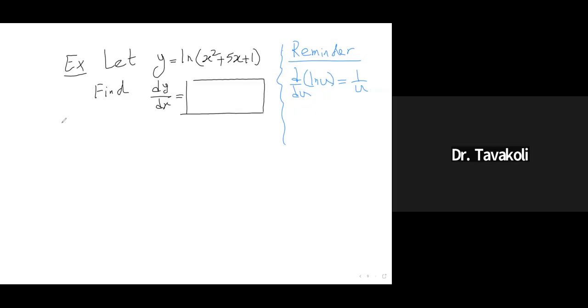Now the function is ln of another function of x, x squared plus 5x plus 1. As you can guess, we let u be x squared plus 5x plus 1. So on one hand, u is x squared plus 5x plus 1. On the other hand, y itself is a function of u. It is ln of u.